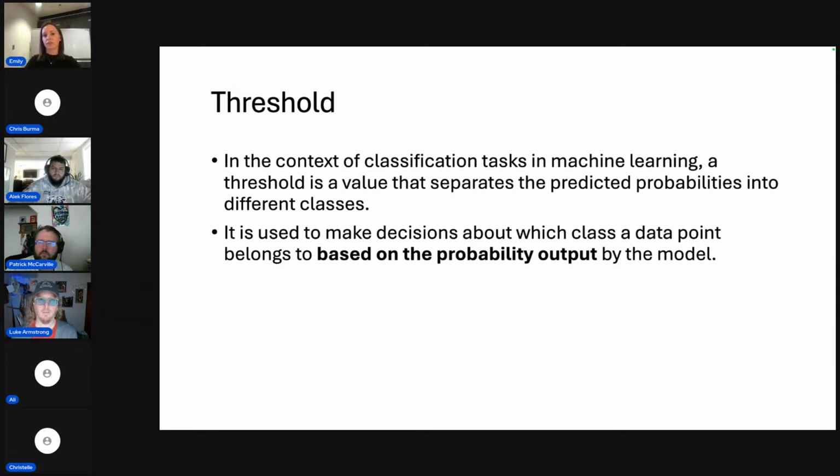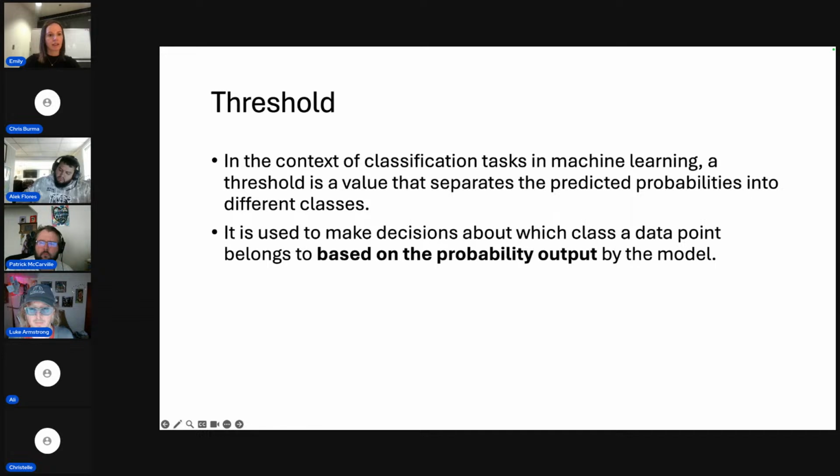In the context of machine learning and our classification problems, this is classification, not regression, we can employ a threshold which says when the confidence, the probability, or the degree of belief is above a particular amount, I believe it's going to be this class. And when it's below a particular amount, I believe it's going to be the other class. So we can use this threshold to make a decision about which class the data point belongs to based on the probability of the output.